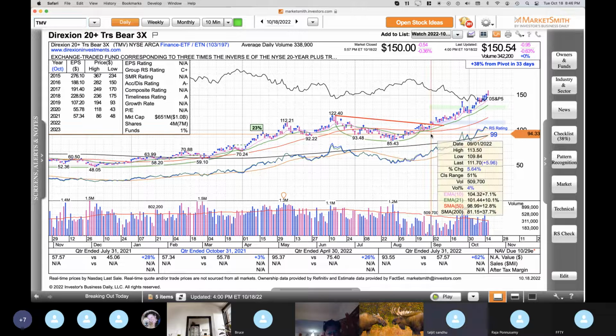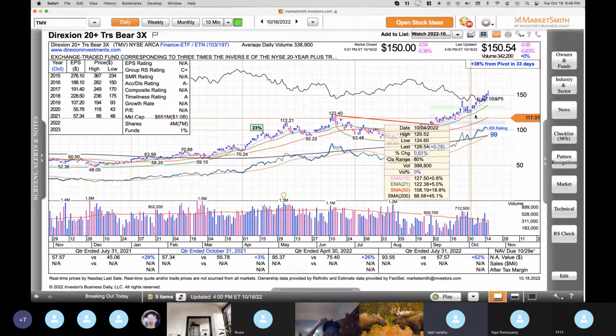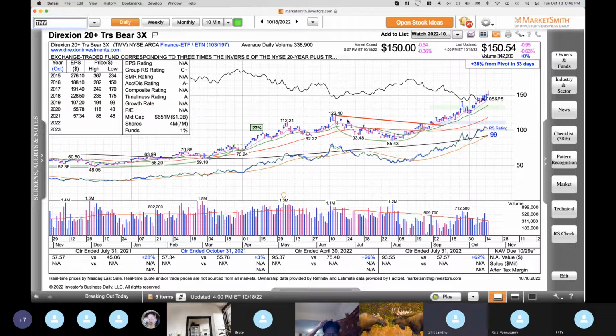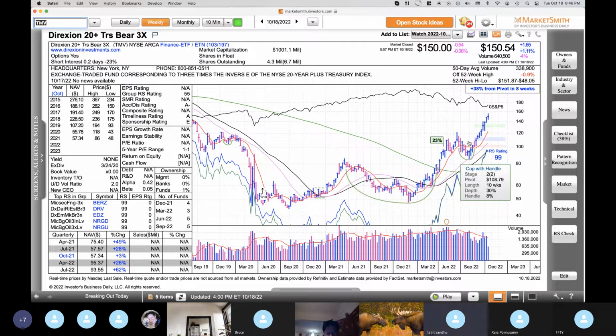So you have to look for something which meets your criteria. One of my criteria is the stock should go from left-hand bottom to the right-hand top. Right. And this meets that criteria. Now, how long will it last? I don't know. I've had this thing for at least 6 months. It's good.